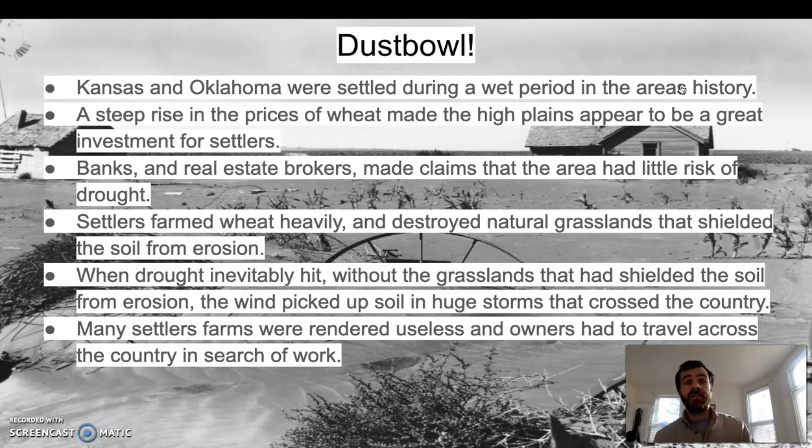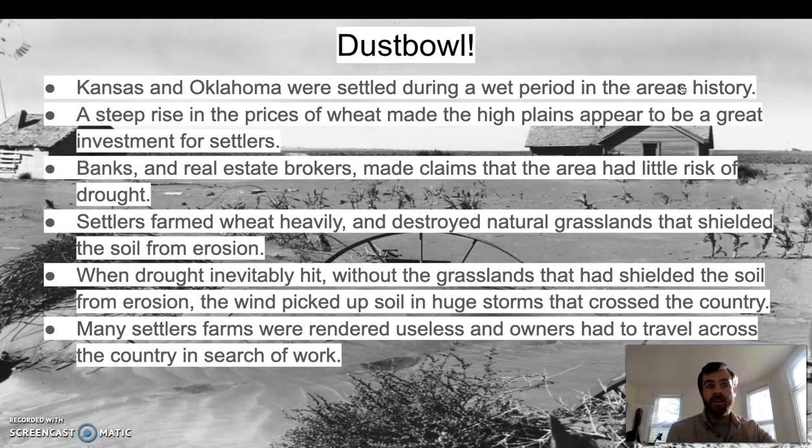And to make matters more complicated, real estate brokers who were selling portions of land, and people from the US government who wanted those areas settled, artificially increased the rainfall numbers. They lied about how much rain the region got. And that really led people to think that they were investing in a pretty safe bet, going and homesteading in the High Plains.